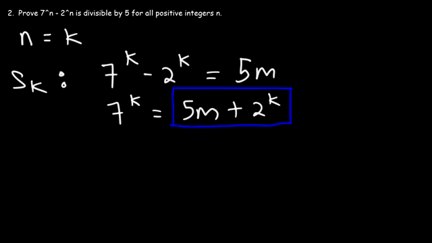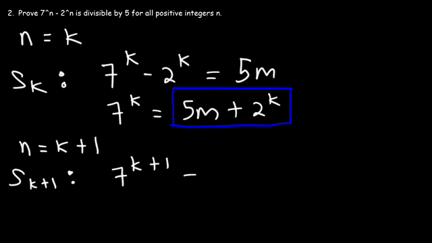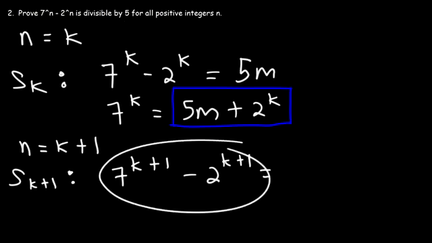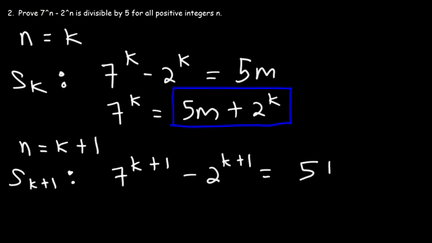Now we're going to set n equal to k plus 1. So this is going to be 7 raised to the k plus 1 minus 2 raised to the k plus 1. And we want to prove that it's divisible by 5. So we need to prove that this is equal to 5 times some integer L. That's our goal.